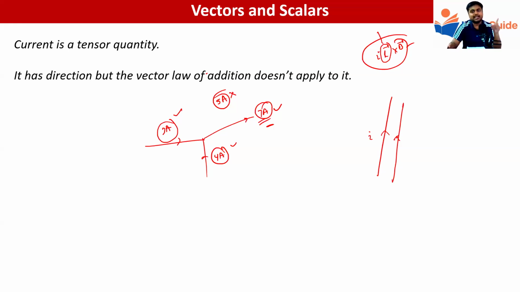So that means current has direction. But the vector law of addition doesn't apply to the current. So current is having both magnitude and direction, but since the vector law of addition is not applied to it, therefore current is a tensor quantity. And if there are only two options given to us, vector or scalar, then we have to choose scalar. Is it clear?